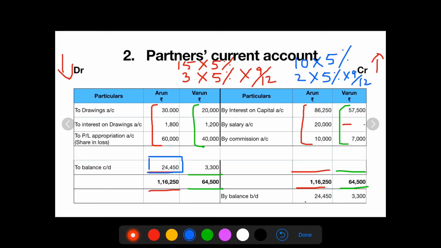You're going to get a balance of 3,300 that is being carried down and brought down. So with this we complete the first method, that is when the partners' capitals are fixed, by preparing one partners' capital account and a partners' current account.